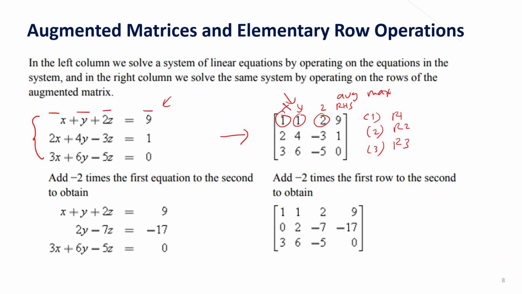Okay, and then after we have this augmented matrix version, our task is to perform elementary row operations on this augmented matrix. But the question is, what kind of row operations do we need to do?